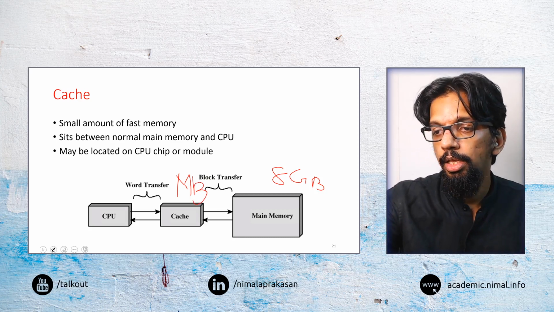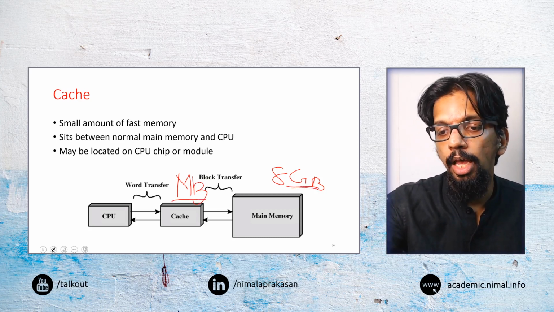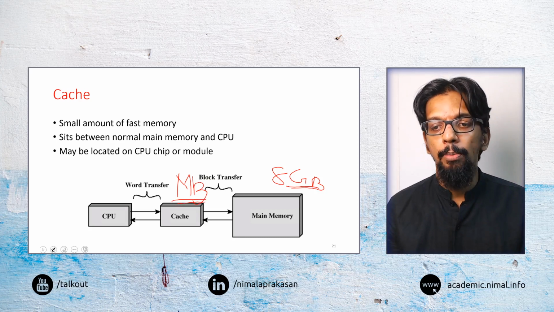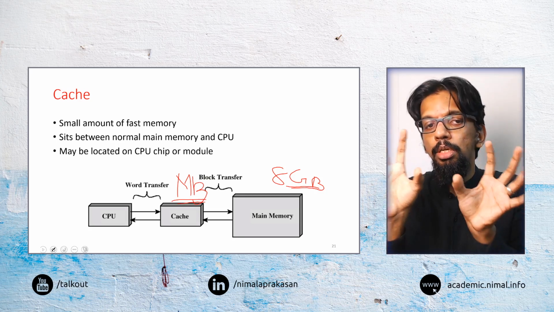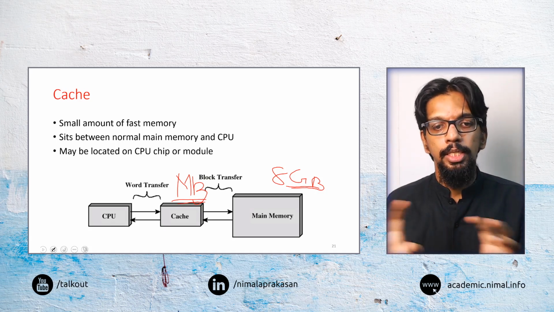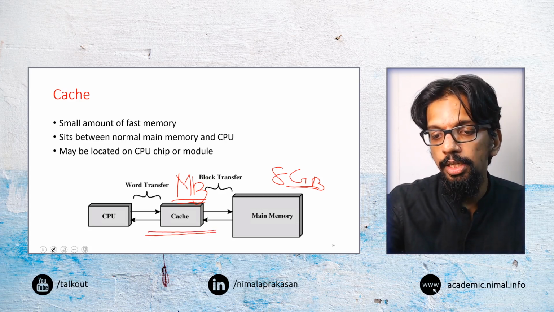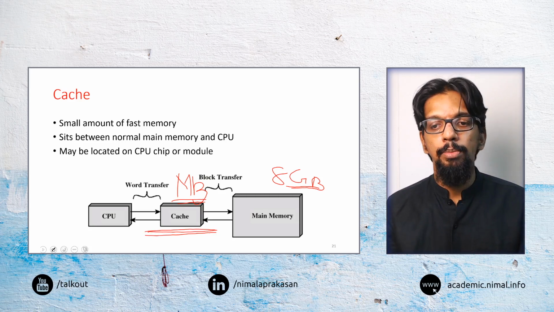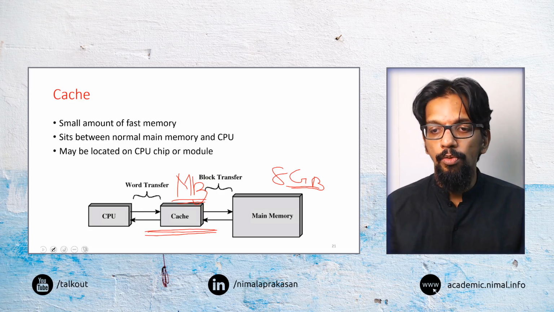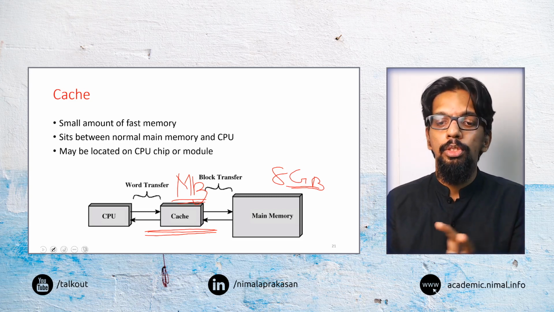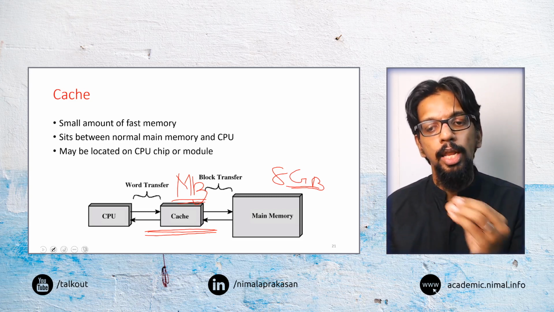So this may be in gigabytes and cache memory may be in megabytes. The amount of data is going to be significantly different, and it is going to be sitting in between the main memory and the CPU, providing the necessary speed boost that is needed for the CPU in accessing data.